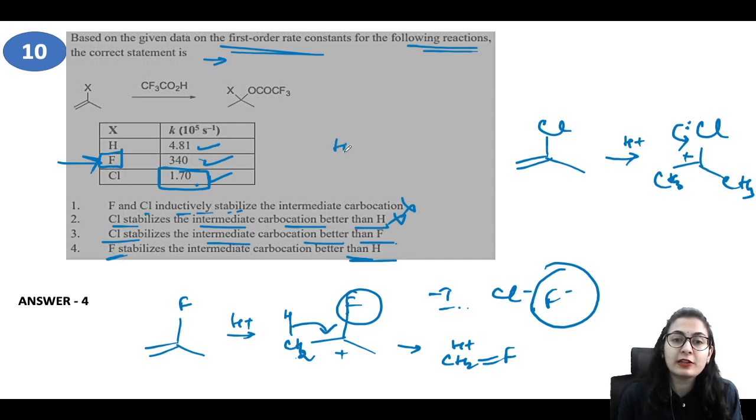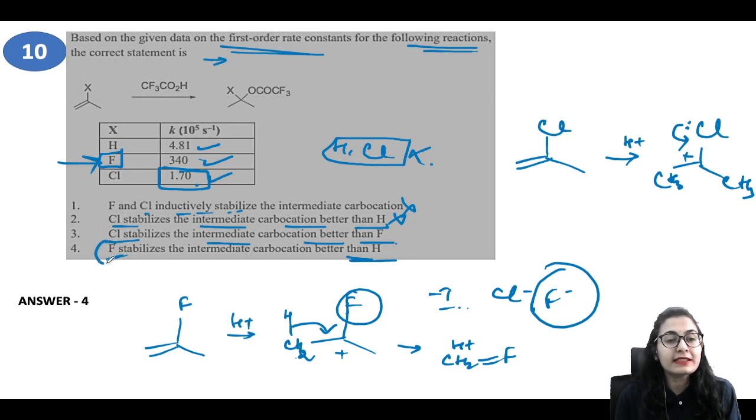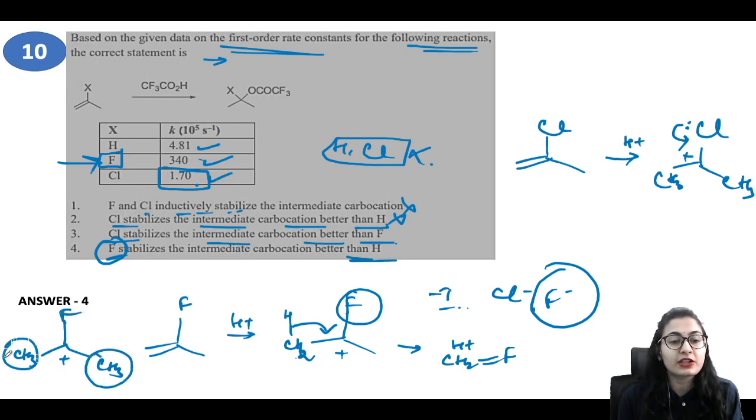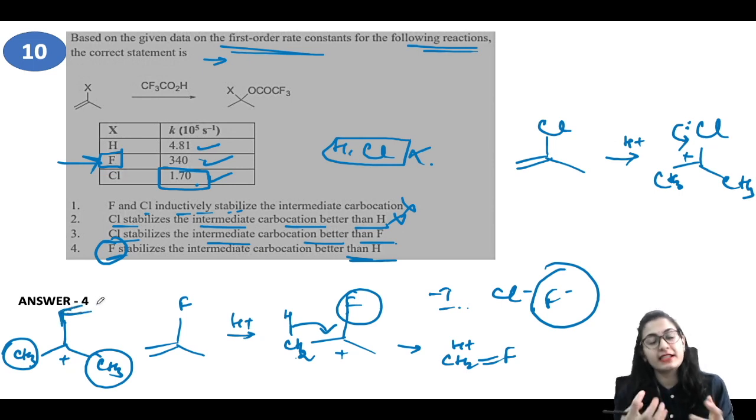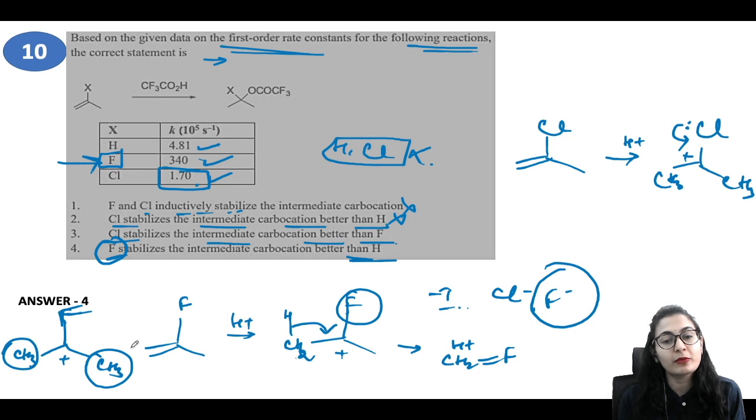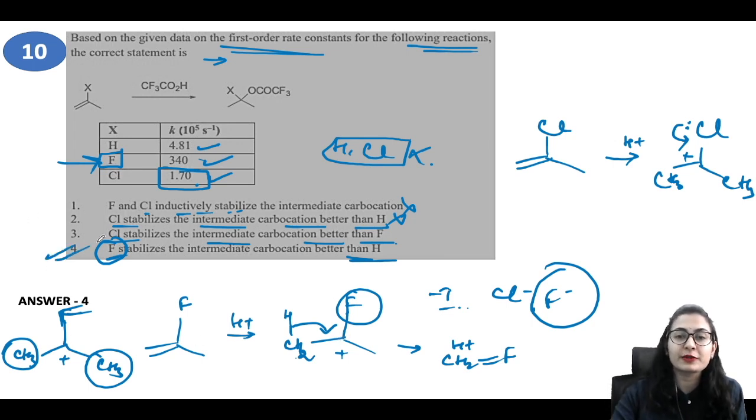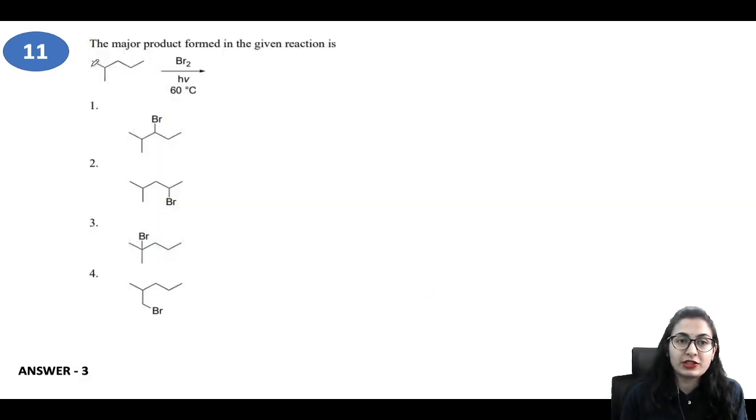However, hydrogen and chlorine are not successful in doing so. So, fluorine can only stabilize the carbocation by doing hyperconjugation. And how many hyperconjugation structures are possible? See, the carbocation has 6 hyperconjugation structure possibility. Okay, and the fluorine is accepting this electron density from over here, so it's going to be giving you maximum stability and the fastest reaction. Very beautiful question. Now next one, the major product formed in the given reaction.